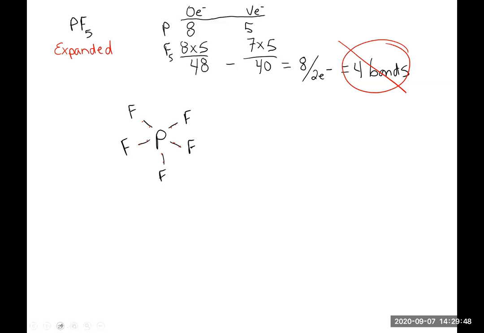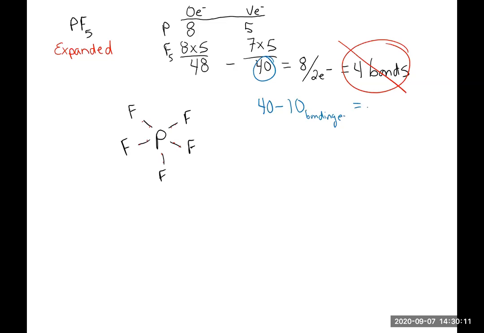So we're going to calculate how many electrons are going to be distributed around this structure. Here's our valence, 40, minus these 10 electrons that we already used for bonding. So those are bonding electrons.